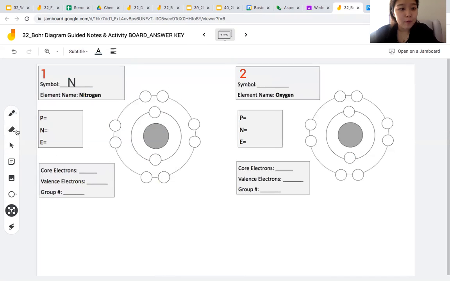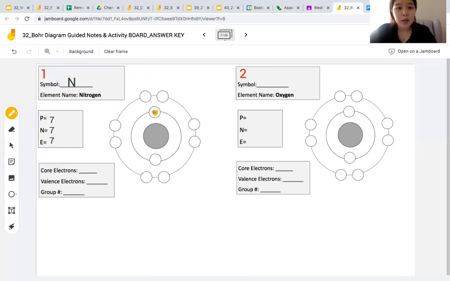So let's go back and write all that information down. I'm gonna use normal fonts. So we have 7, 7, 7. All right, so we have to color in 7 electrons. So let's use yellow.